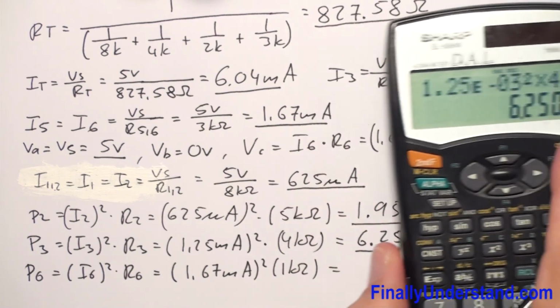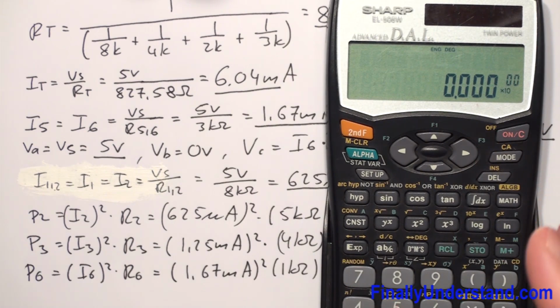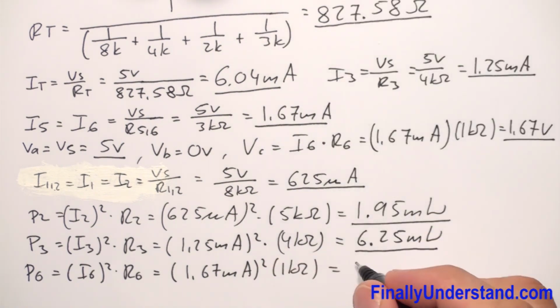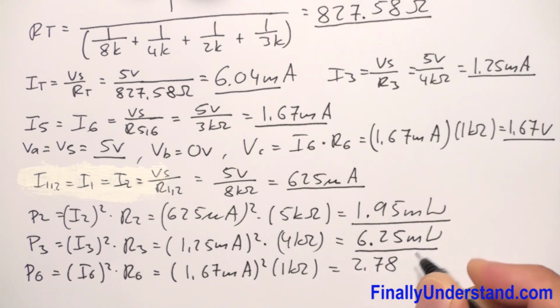So this is again 1.67 times 10 to the power of negative 3, squared, times 1 times 10 to the power of 3. This is equal to 2.78 milliwatts.